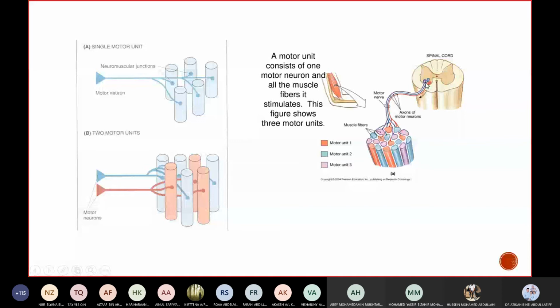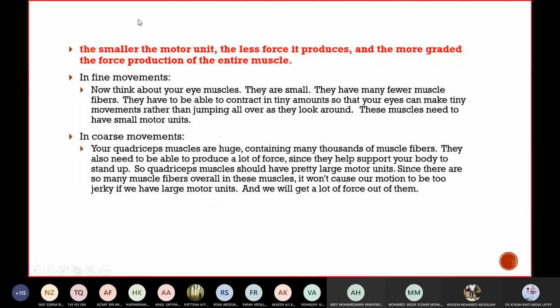The smaller the motor unit, the less force it produces, and the more graded the force production of the entire muscle. To give an example, in fine movements, for example your eyes, the muscles are small, they have far fewer muscle fibers per unit.